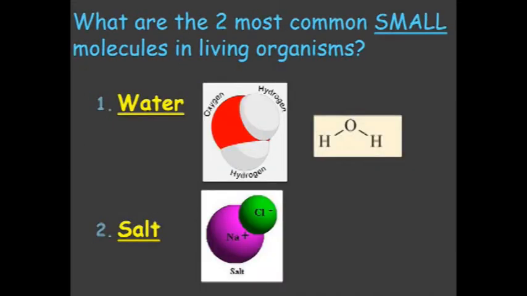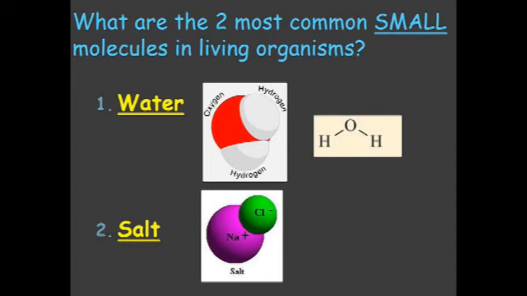Now, within a living organism, there are other elements as well, and other molecules, polyatomic ions, stuff like that. The two most common small ones are water and salt. So water, of course, H2O, salt, sodium chloride.